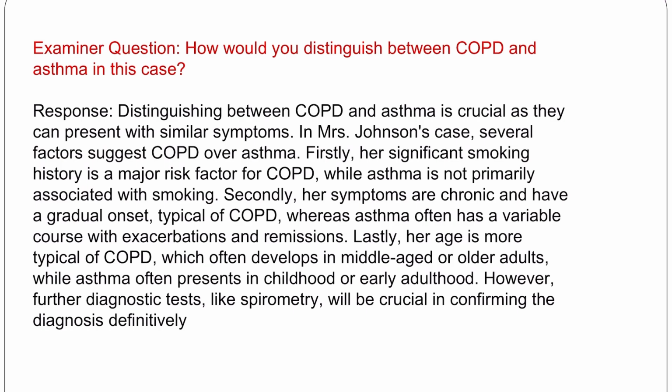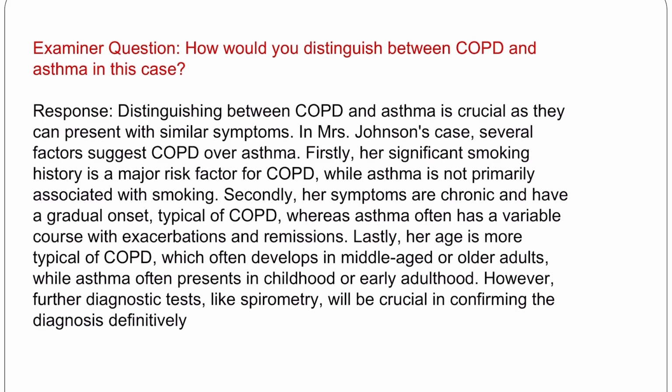Distinguishing between COPD and asthma is crucial as they can present with similar symptoms. You know that. So, in Mrs. Johnson's case, several factors suggest COPD over asthma. Firstly, her significant smoking history is a major risk factor for COPD, while asthma is not primarily associated with smoking.